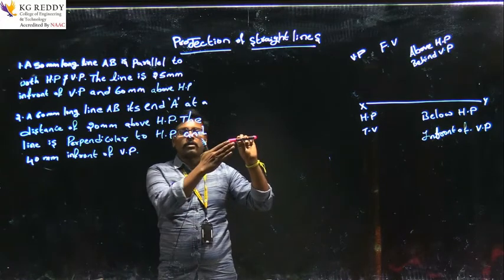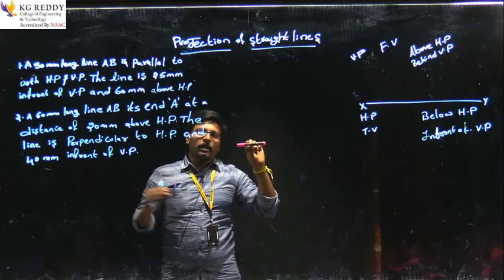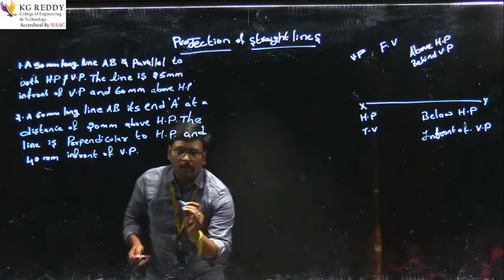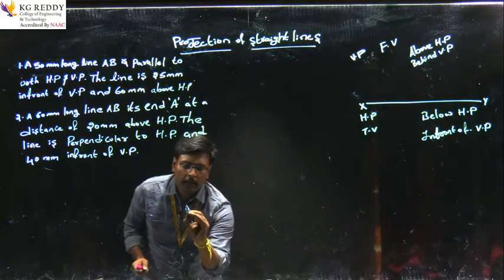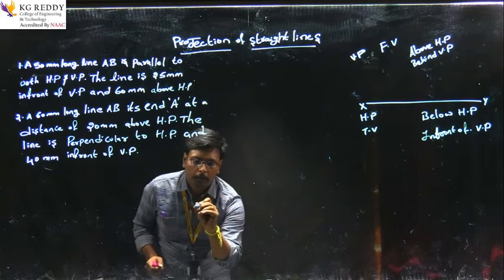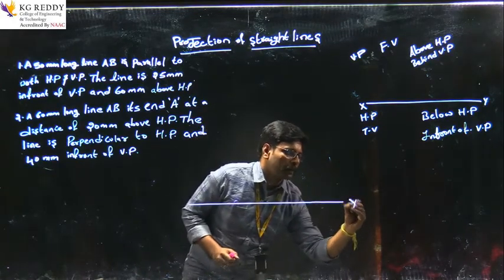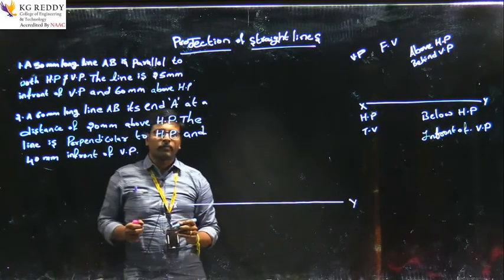Here we have to draw the shape of the line and the position of the line on a drawing sheet. Let me draw. First we have to start with the XY line.